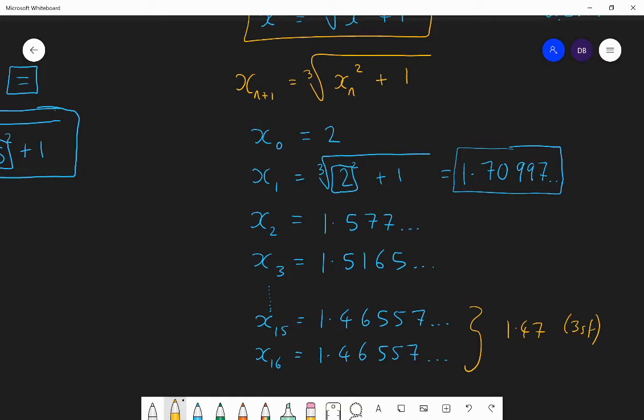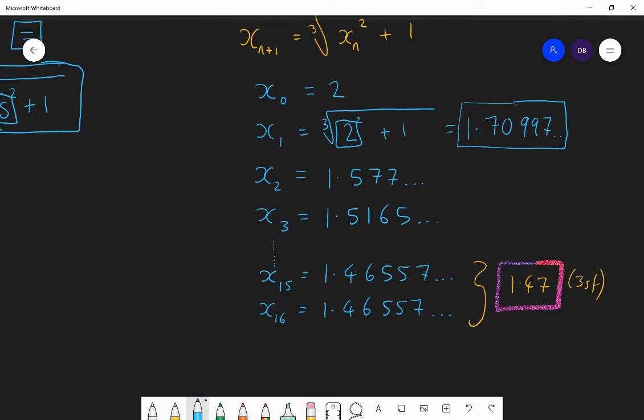I could press equals many, many more times, and it doesn't look like it'll change very much in my calculator. The 9th decimal place is changing a little bit, and then eventually that will stop changing as well as you continue pressing equals. Okay, so 1.47 is my solution to the equation.